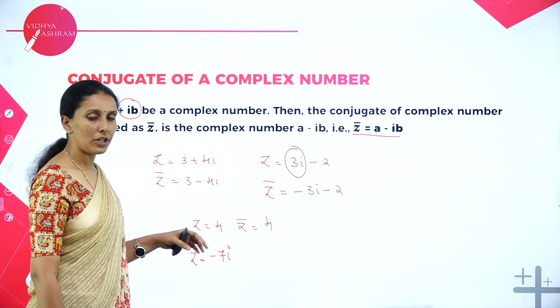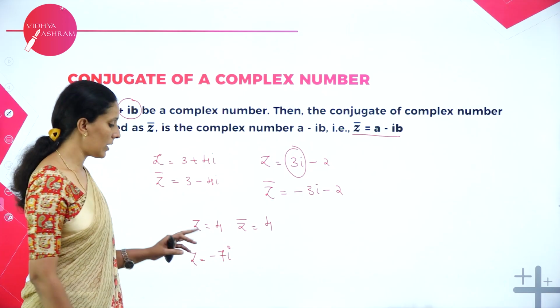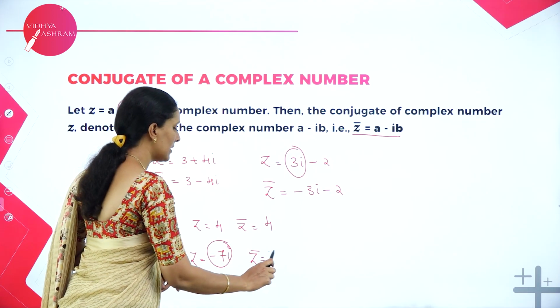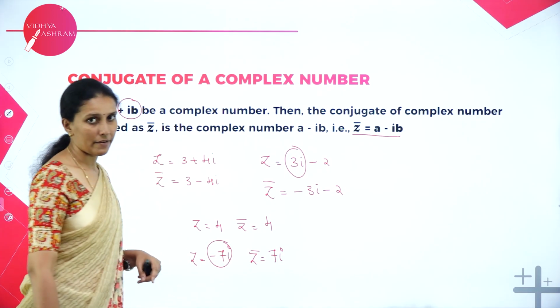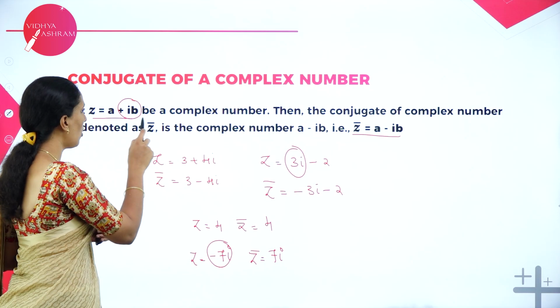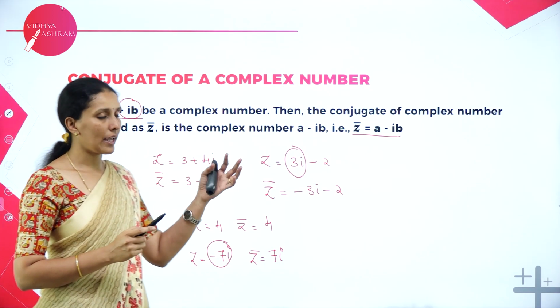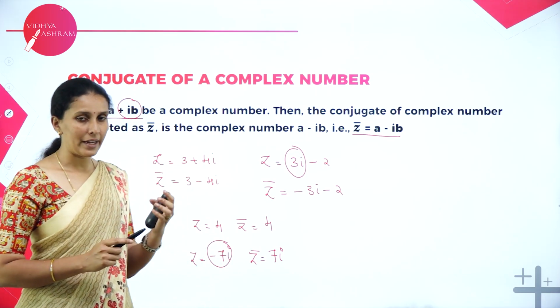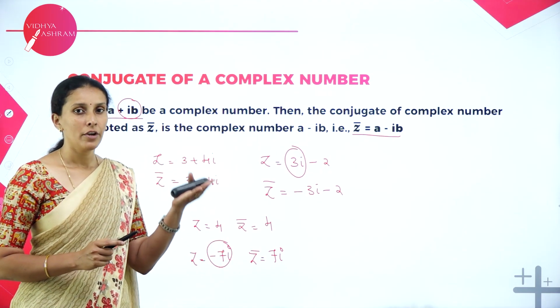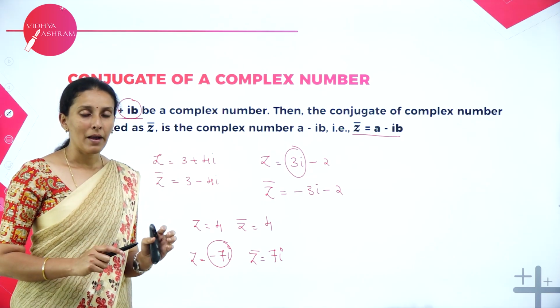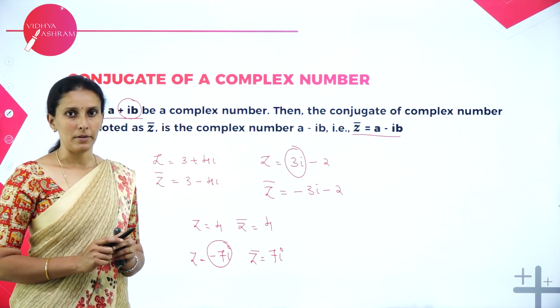Since we need to change the sign of the imaginary part, the conjugate is plus 7i. Thus, any complex number a plus ib is written as a minus ib. If you have negative, change it to positive. If you have positive, change it to negative, only for the imaginary part of the complex number.